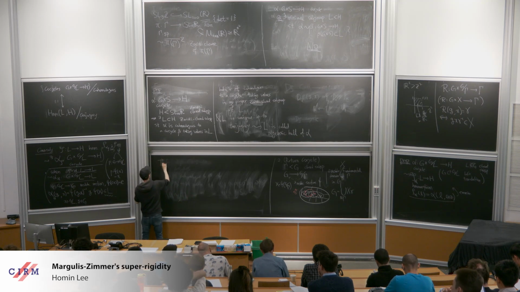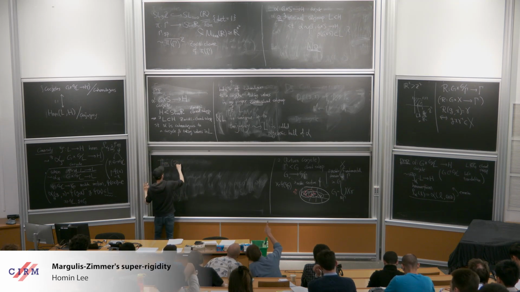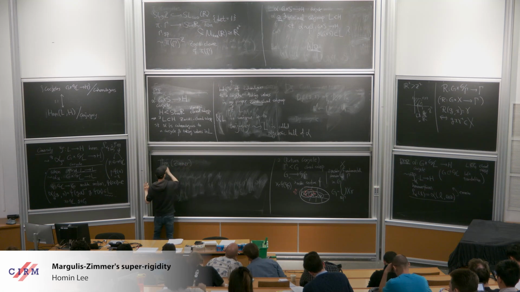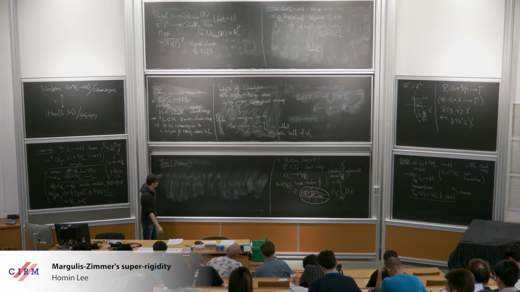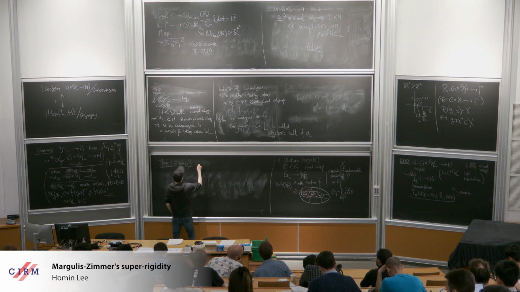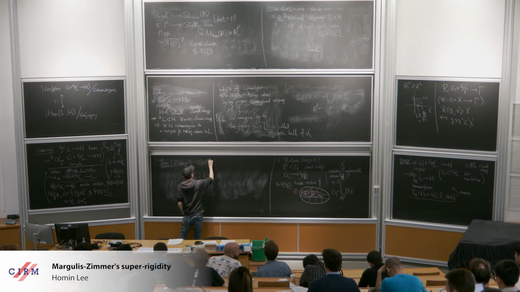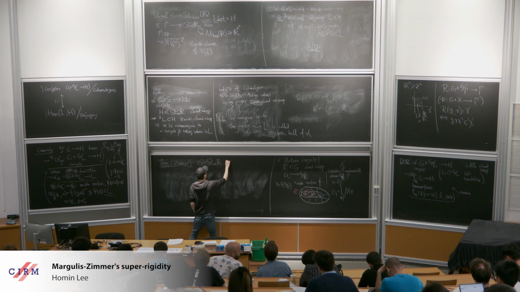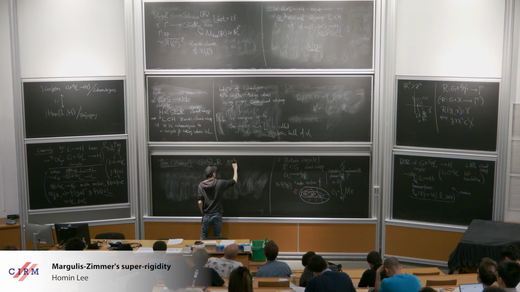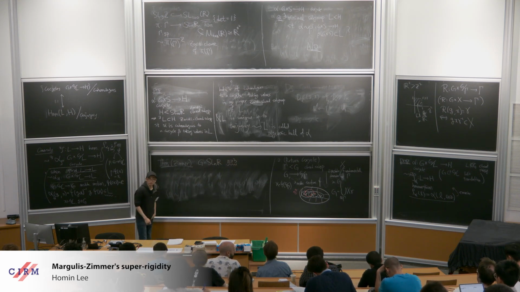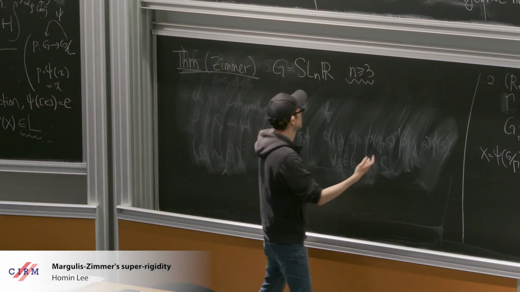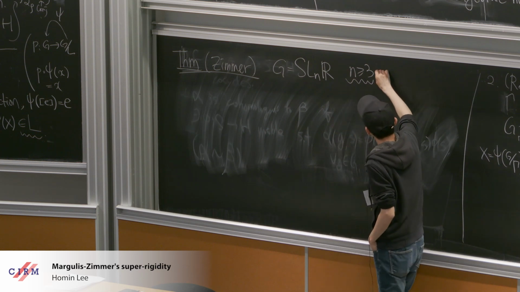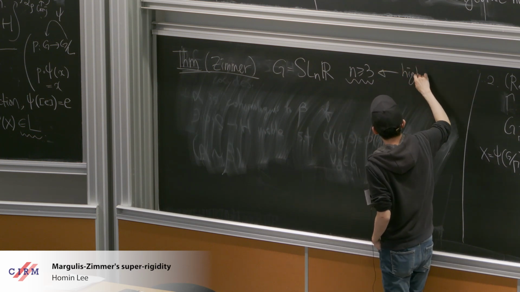So the theorem by Zimmer is the following. For avoiding technical difficulties, let's just think about G being SL_n(R) with n at least 3. Here you need n at least 3 because of the higher rank assumption.